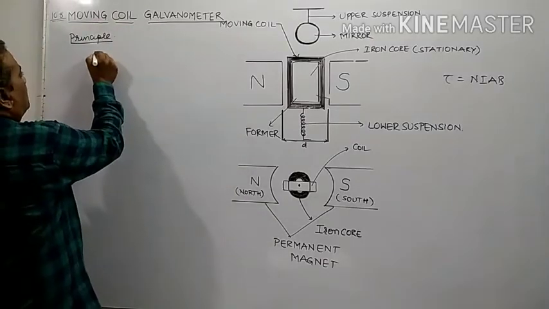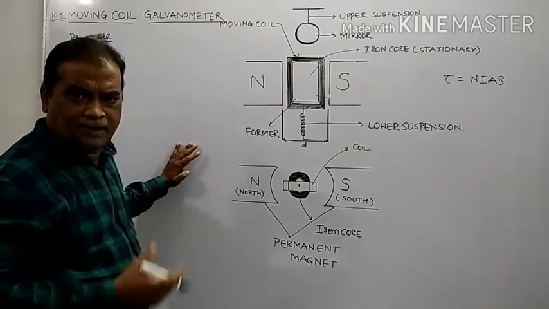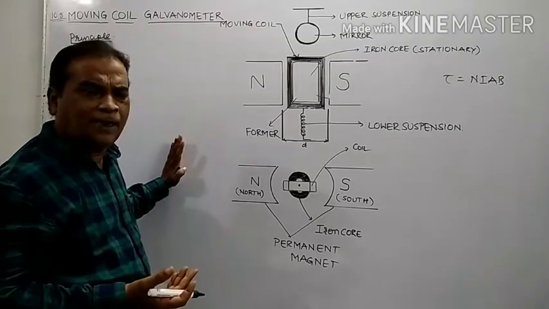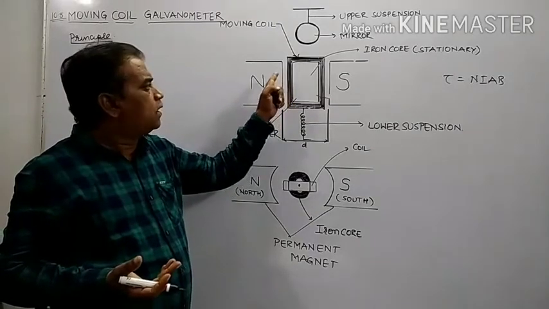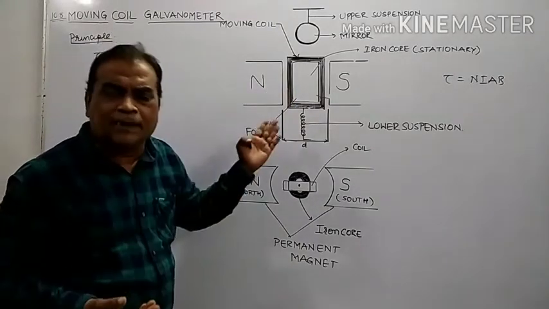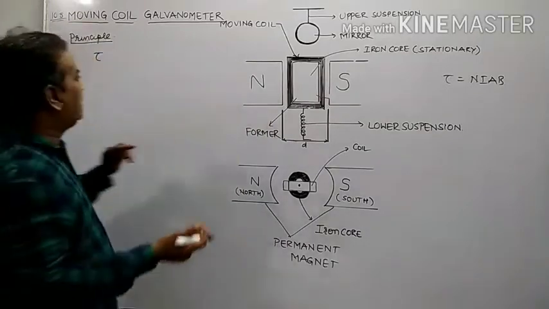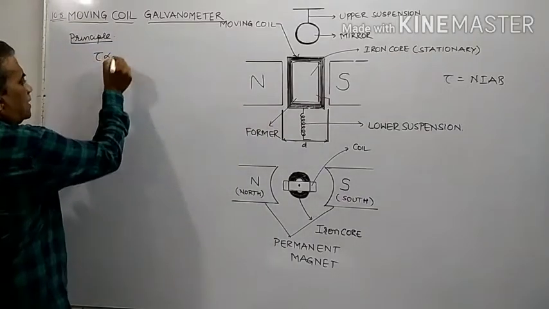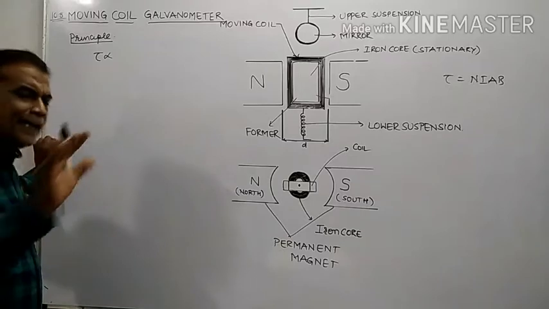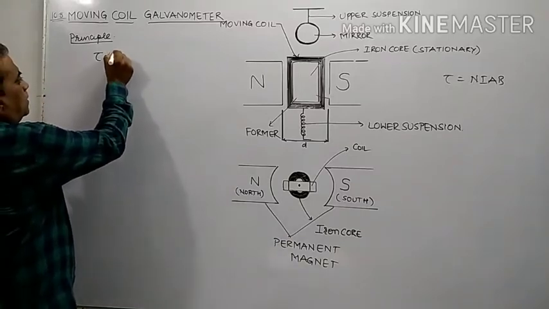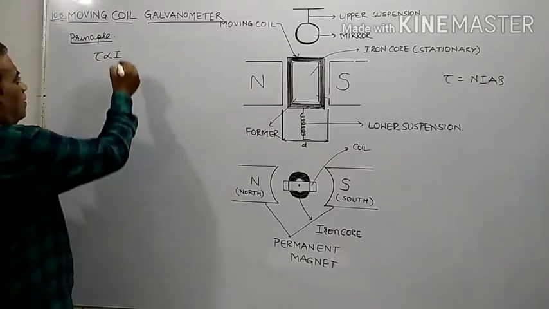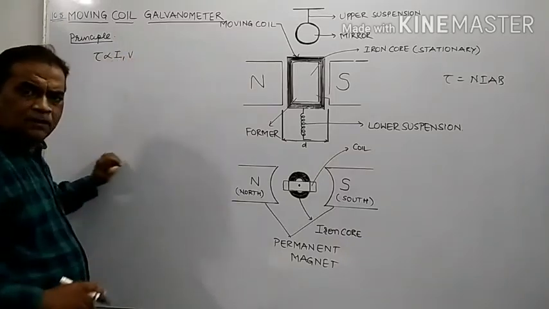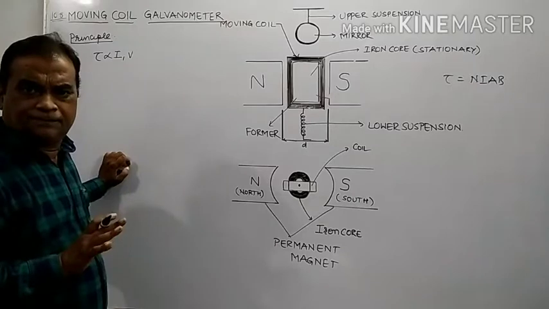The torque exerted by the magnetic field on the coil is directly proportional to the current I or the potential difference V which is to be measured.